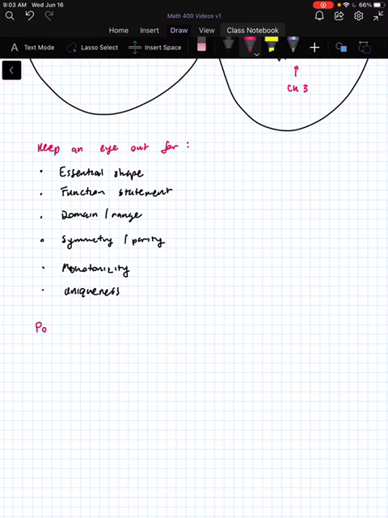The first class of functions that we're going to discuss here are what we call the power functions. The power functions have the general form f of x equals x raised to the n power, where n is some number that's not equal to 0.